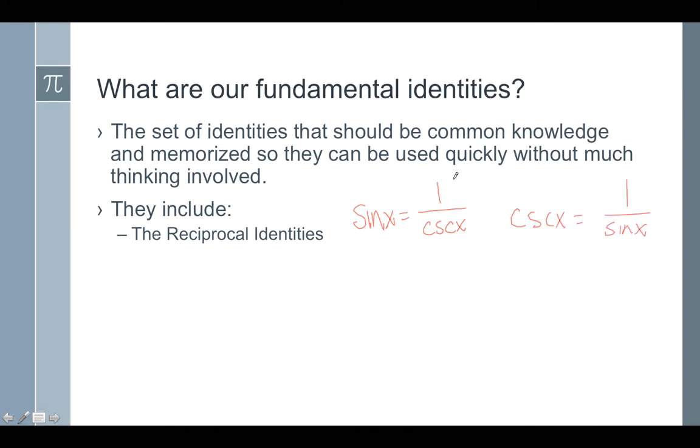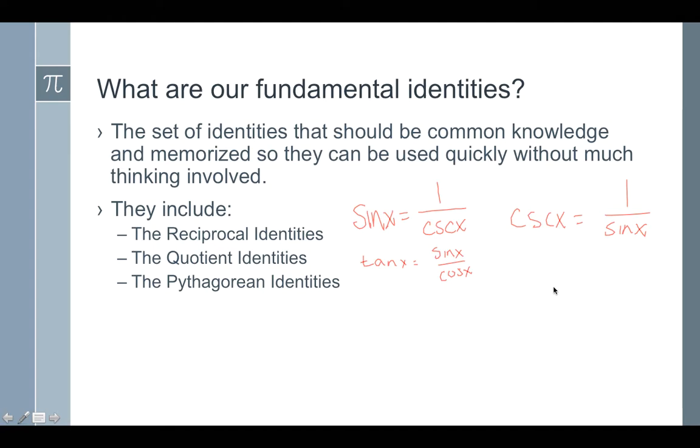And this goes for all 3 of the variations: sine, cosine, and tangent. They all have reciprocals. So that's our reciprocal identities. We also have the quotient identities, and that is our basic ones that we also should know, that tangent of x is sine of x over cosine of x, and cotangent is the reciprocal of that.